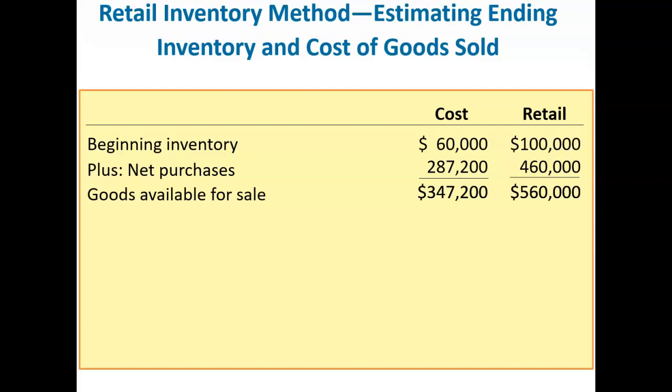The data shown here are available from the company's records for the month of June. Beginning inventory at cost $60,000, at retail $100,000, plus net purchases equals goods available for sale at cost of $347,200 and at retail of $560,000.